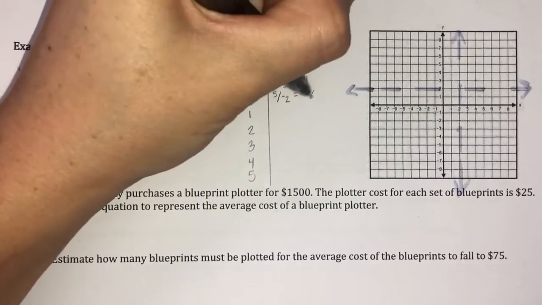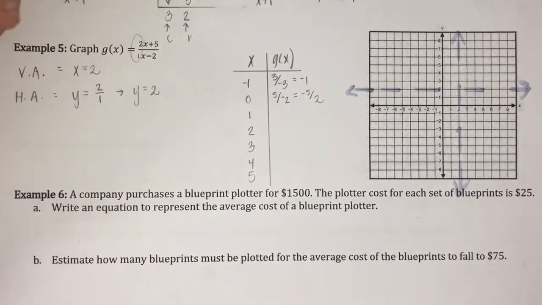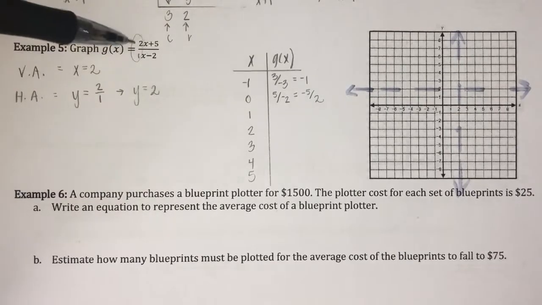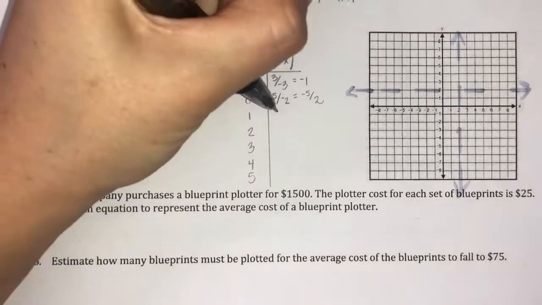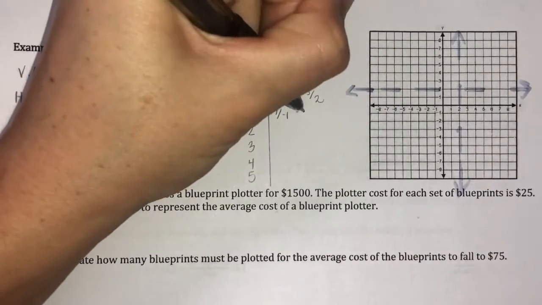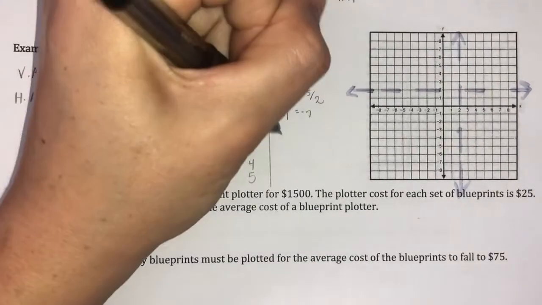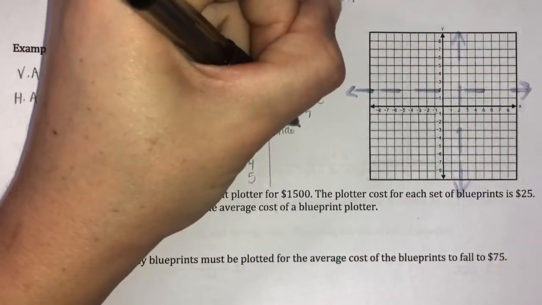So -5 halves, and that's also going to be our y-intercept because x equals 0. And then for x equals 1, it's 2 times 1 plus 5, so 7 over 1 minus 2, so over -1, which is -7. When I plug in x equals 2, it's undefined, so that's just our asymptote.